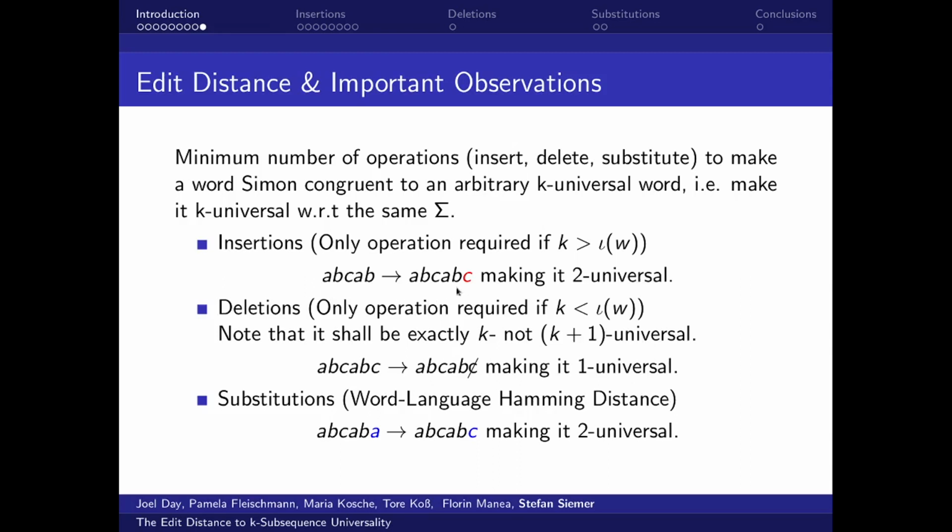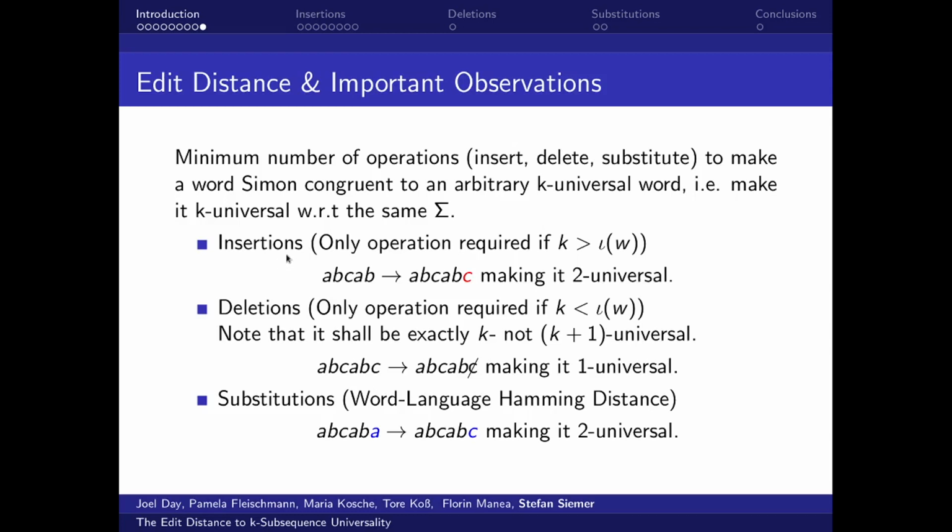Okay, so now that we know the universality index of our word w, we are interested in how to decrease or increase that universality such that we reach our desired k-universality. The first observation is that in order to increase the universality of our word, it's only required to use insertion operations.